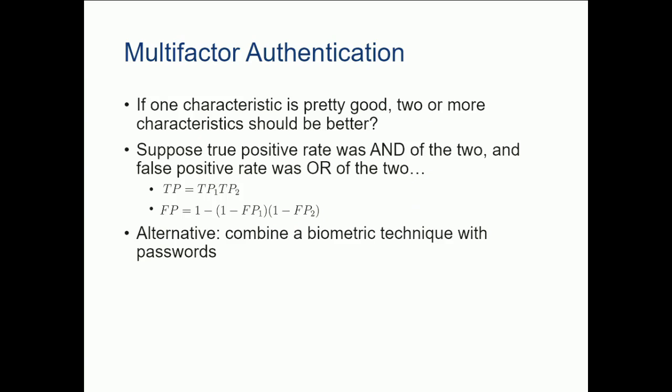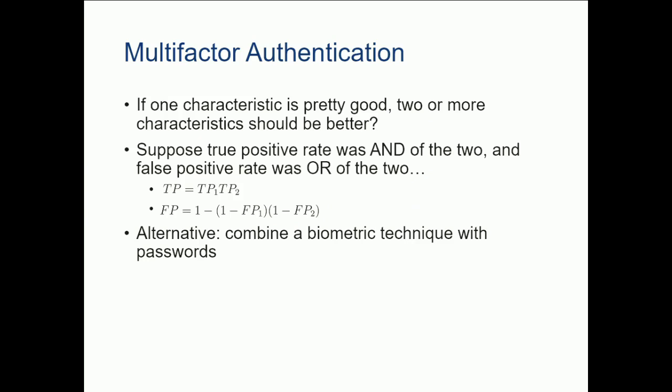Question: is the false positive rate of Face ID 0? No, right? Because you can have twins. If you have a twin, that's like an illegitimate user, and you will be able to gain access. So even for Face ID, the false positive rate is not 0.